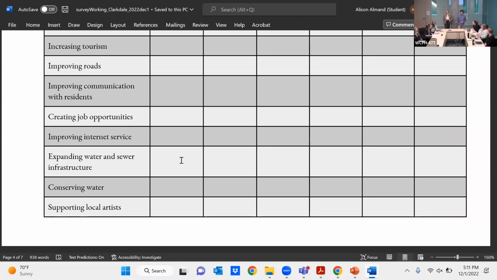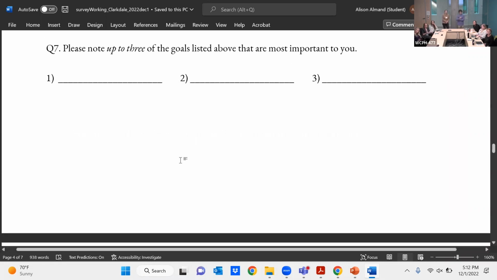And we don't hit every single point, because there are some very technical things, maybe about zoning, or internal staff management ways of the town. We chose the ones that we think are going to be most important to citizens and that residents will actually care about. And then this question as well has choose 3 of these that are most important to you.